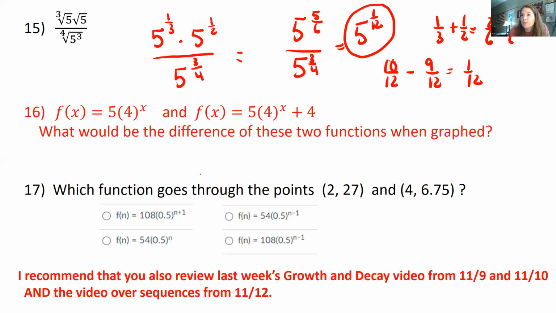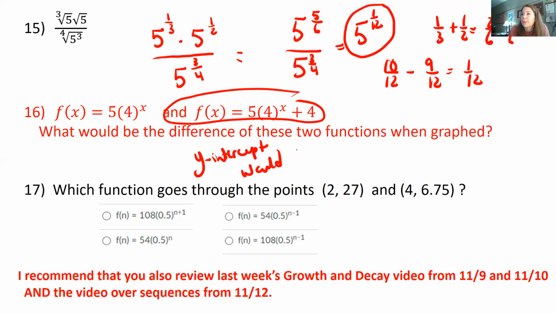Number 16, what would be the difference of these two functions when graphed? So look at how this one is. Look at this one. What would be the difference in these two graphs? Well, this one's y-intercept would be 4 units higher.